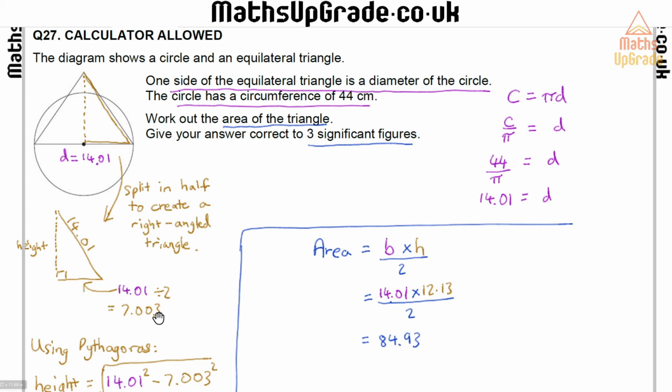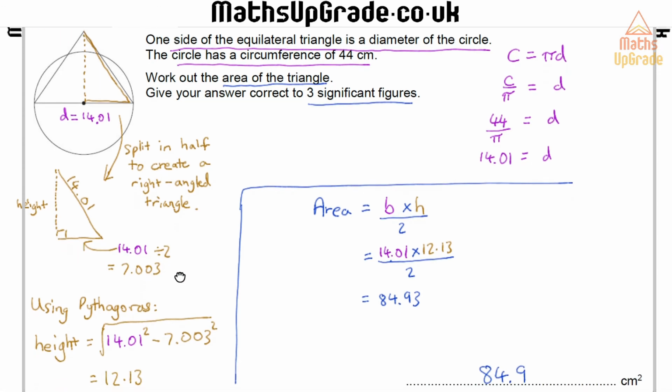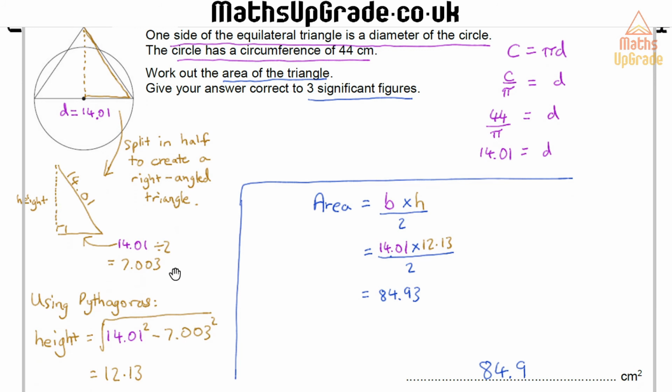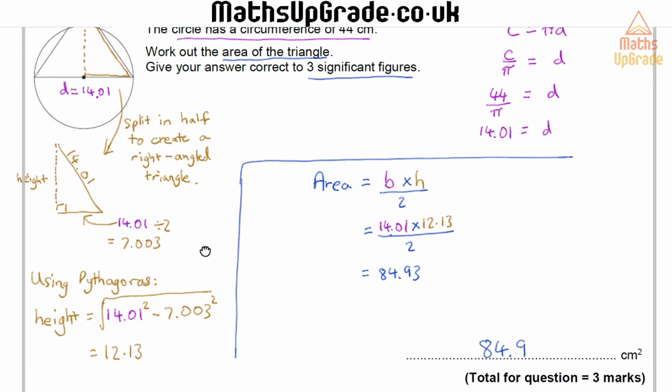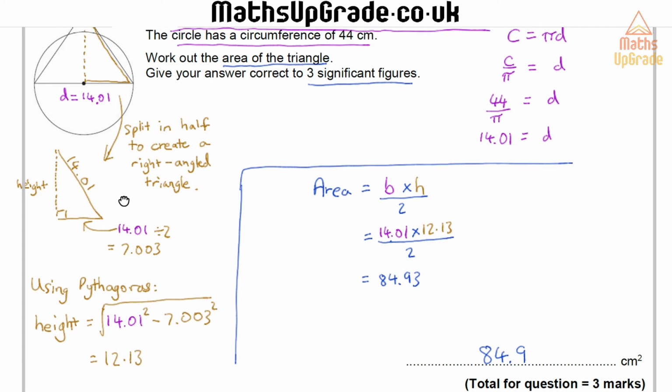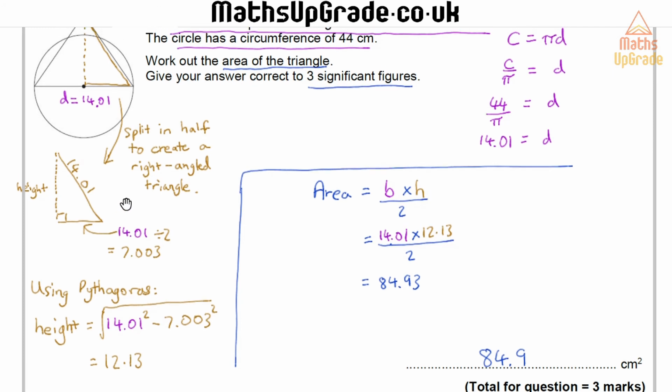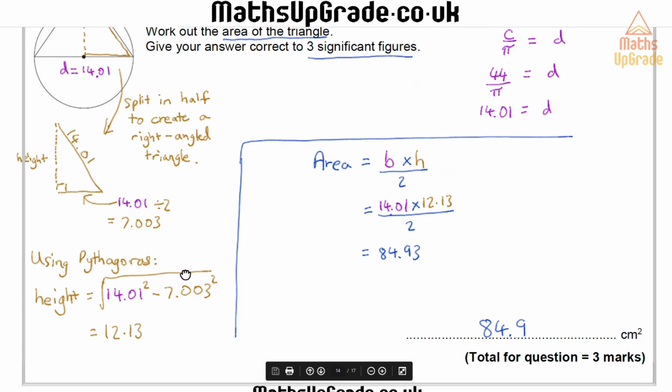Using Pythagoras, I can find the height, since Pythagoras states that the sum of the squares on the two shorter sides is equal to the square on the hypotenuse, the longest side. I can rearrange that to find the height, which is one of the short sides, and that gives me 12.13.